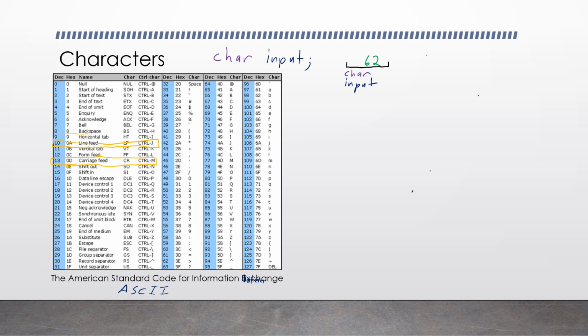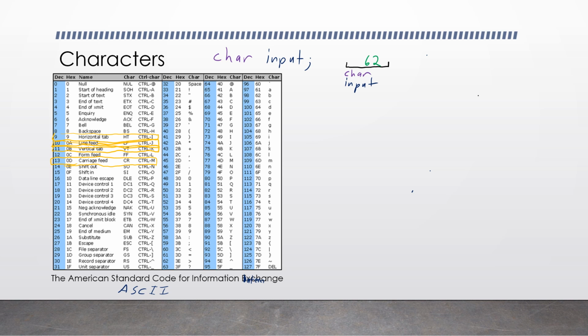There's a horizontal tab, and somewhere in here there used to be a vertical tab. I don't see it. Okay. No, there it is. Vertical tab number 11. Okay. So you could move your printing vertically in addition to horizontally.